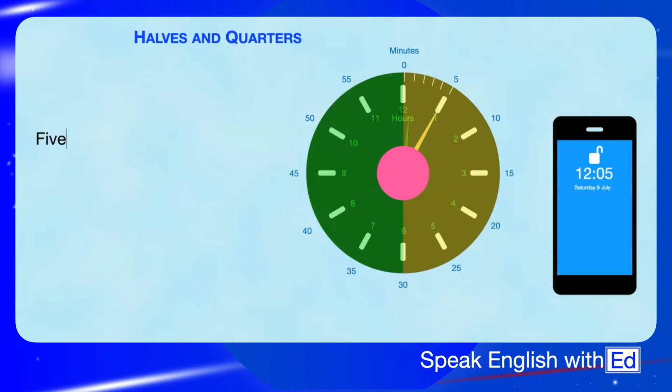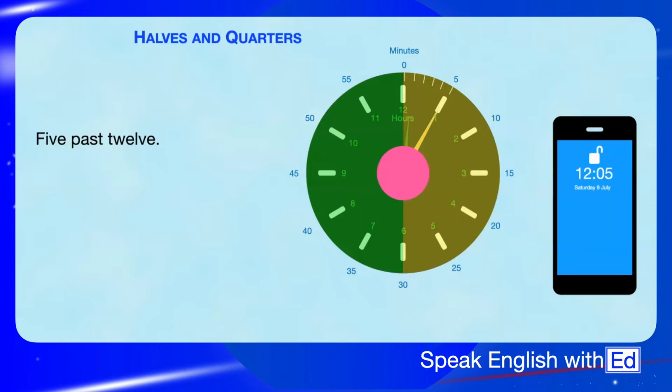And it's the same with the minutes. When the minute hand gets to 5, we say it's 5 minutes past 12, but we don't say minutes, we just say it's 5 past 12.